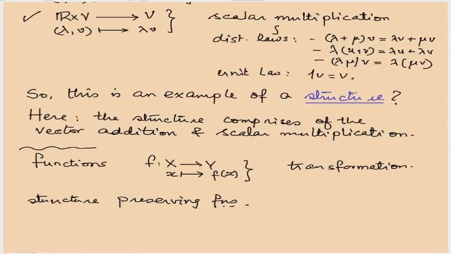Now, let us go back to our example which we learned from our childhood days about the structures of a bedroom, of a lounge, of a dining room, and so on. So suppose we have a house and this has a lounge, a bedroom, a dining room, a kitchen, and so on.